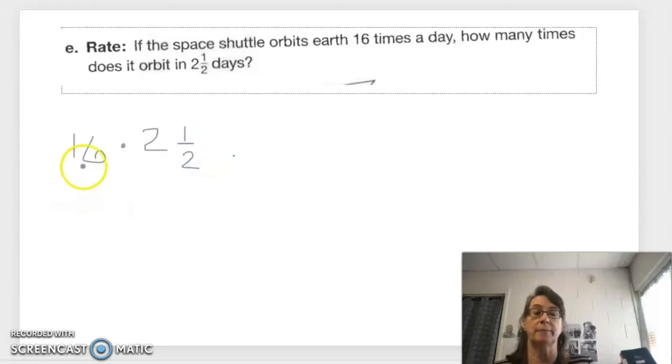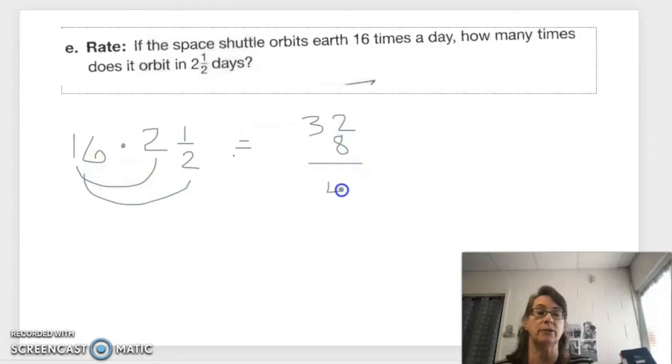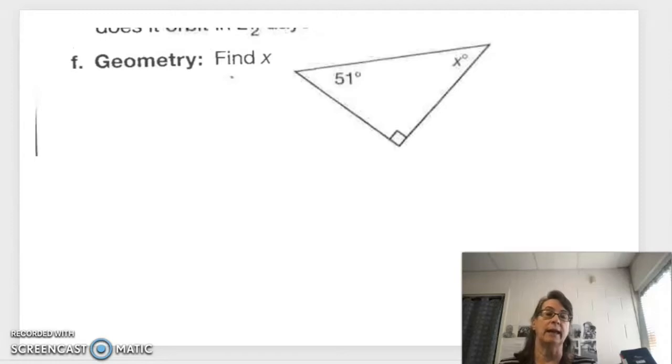Well, we can break that up and say that's 16 times 2, which is 32. And then 16 times 1/2, which is 8. And we add 32 and 8 together to get 40. 40 times around.